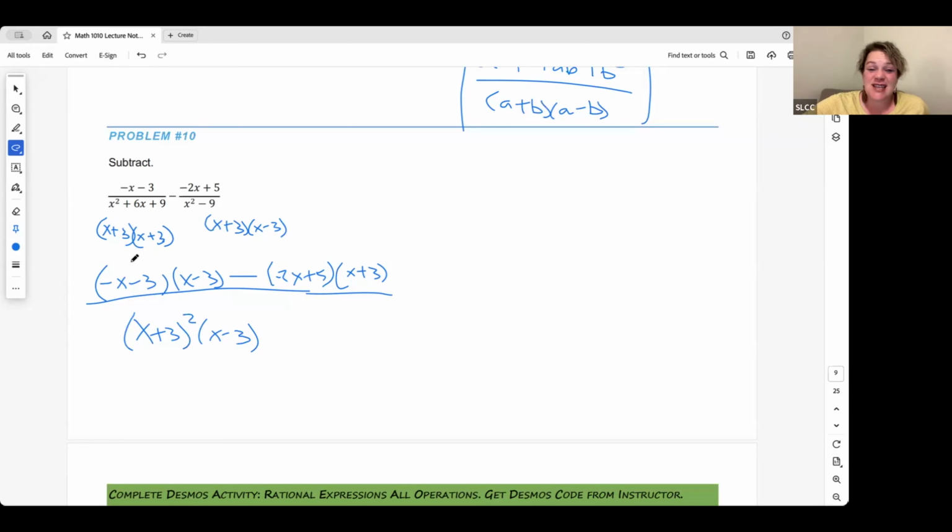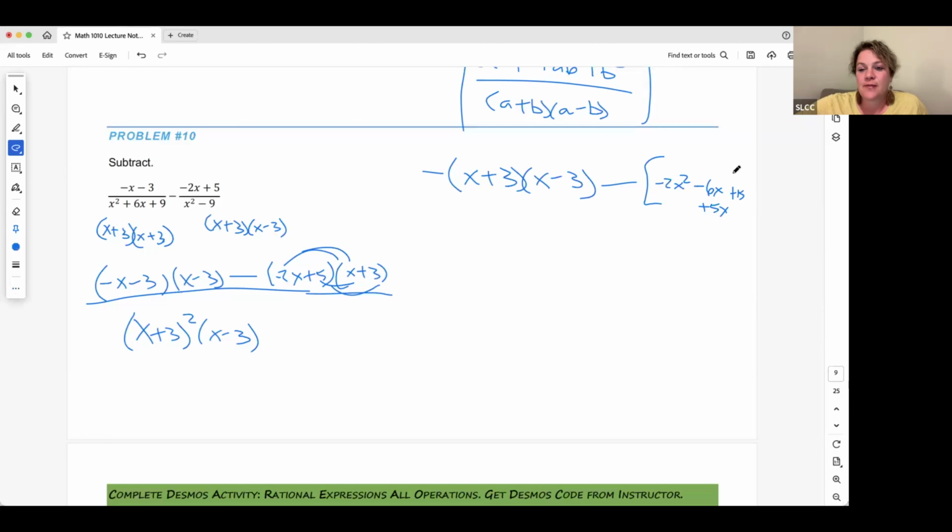I think it'd be nice to just take out a negative there, so I'll take out a negative, I'll have x plus 3, and then x minus 3, and then here I'll distribute, so a big minus, and then I'm subtracting this whole piece, which will be negative 2x squared minus 6x plus 5x plus 15. Let's combine some like terms and keep going here.